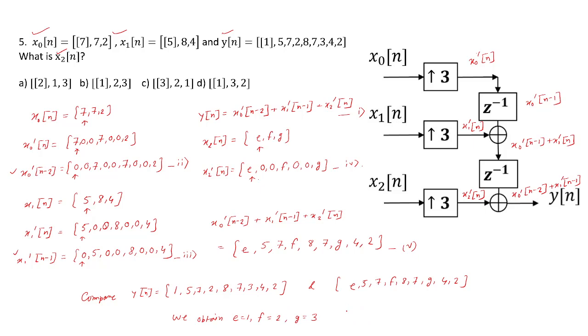Therefore we obtain the sequence x2 of n, our original input sequence, that you pass through these upsampler blocks and different delay blocks to synthesize a new sequence. You obtain x2 of n as 1, 2, 3 with 0th index at symbol value 1. So it should be answer B.